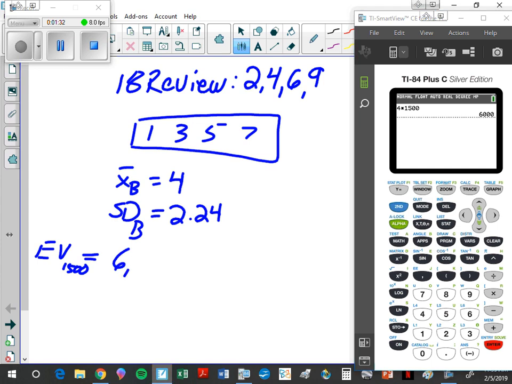So I expect 6,000 plus or minus 2.24 times the square root of 1500.